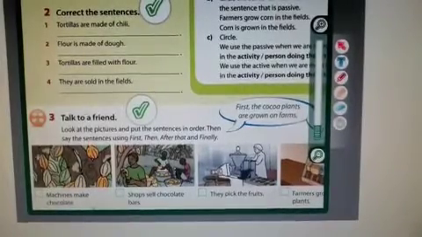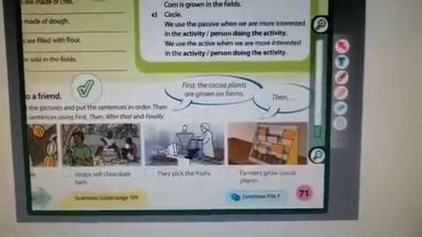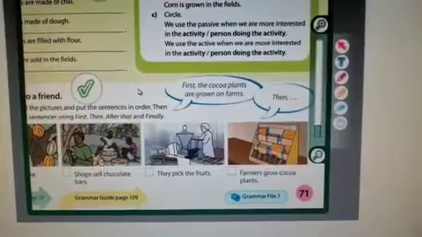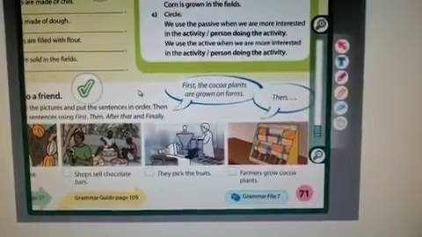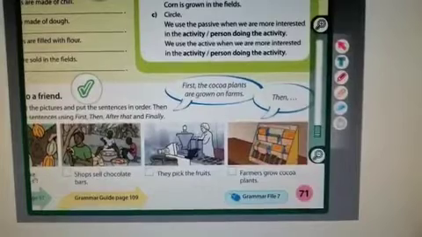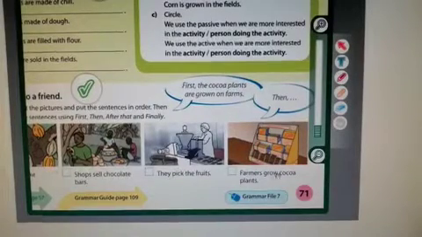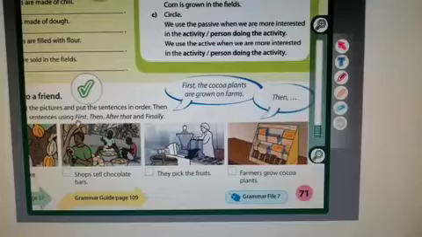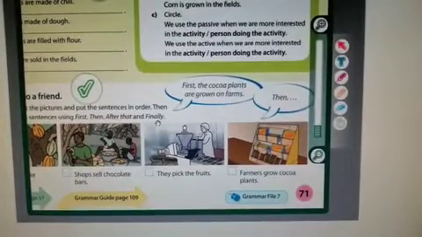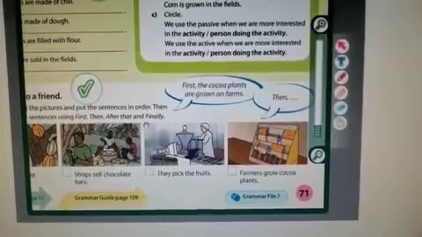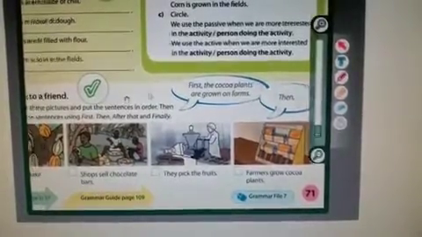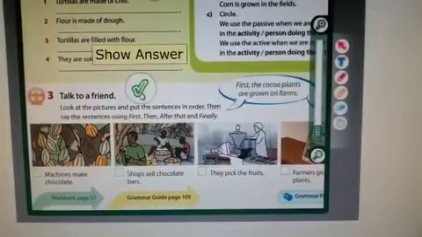First of all, I want you to number these pictures. After that, I want you to record yourself reading these sentences correctly using first, then, after that, and finally. If you please, send your recording to me. Now, let's see the answer for this exercise.